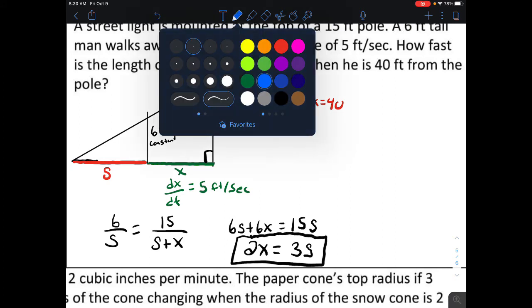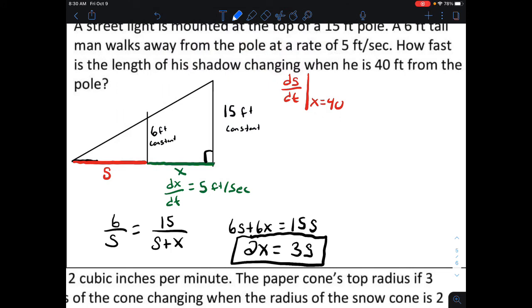We need to convert that into a rate formula, so I need to take the derivative of both sides with respect to time. I do that, I take the derivative, we'd have 2 times dx over dt is equal to 3 times ds over dt.